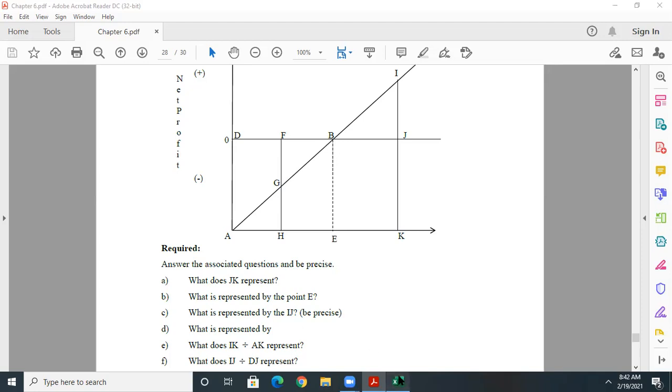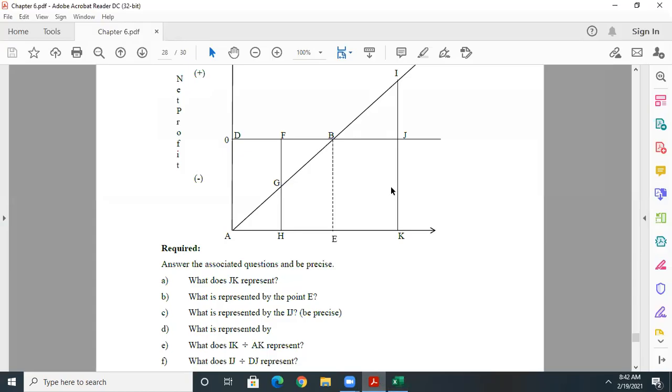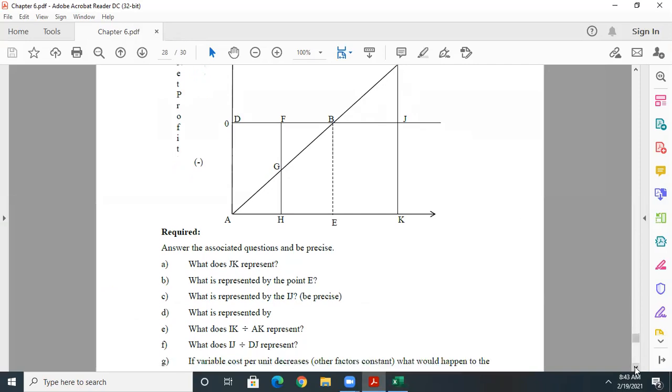That situation we call break-even. So the point E is your break-even point. It can be in terms of sales units, or it can be the sales revenue, depending on what you take on the axis, but it's going to be the break-even point.